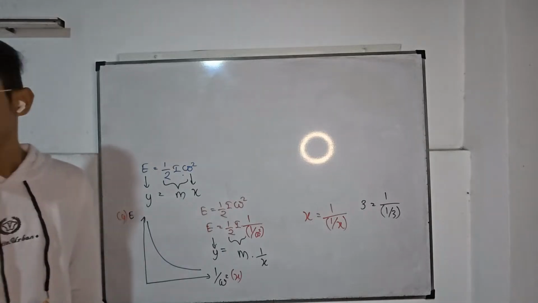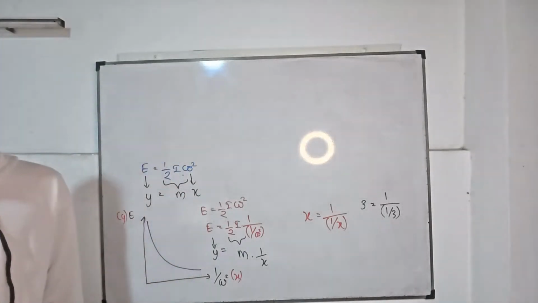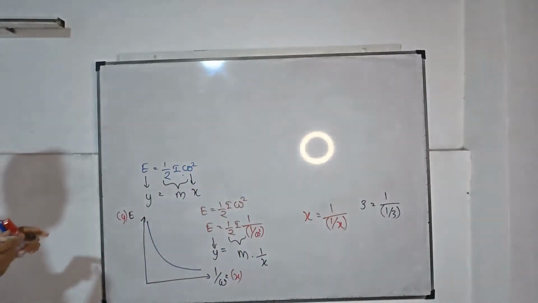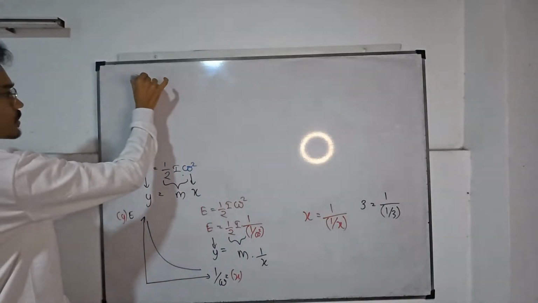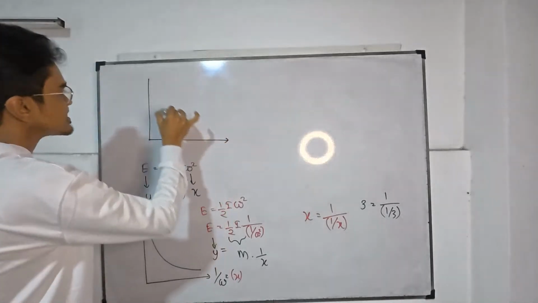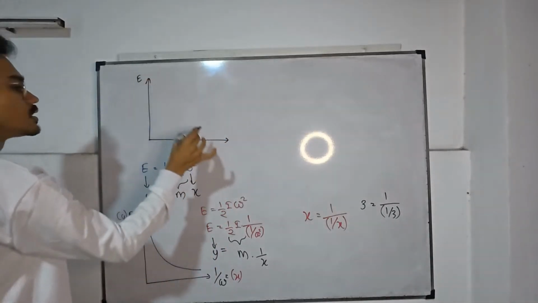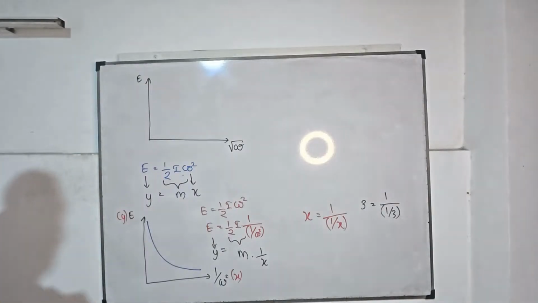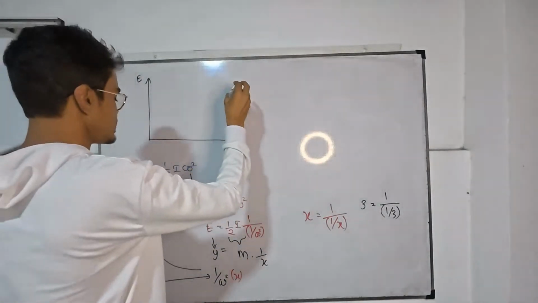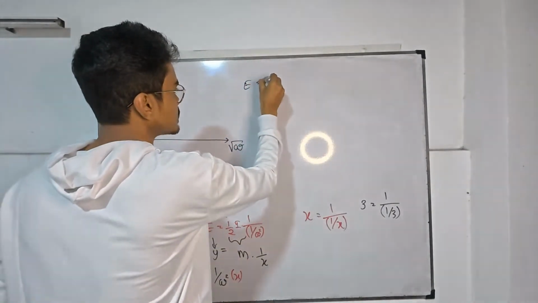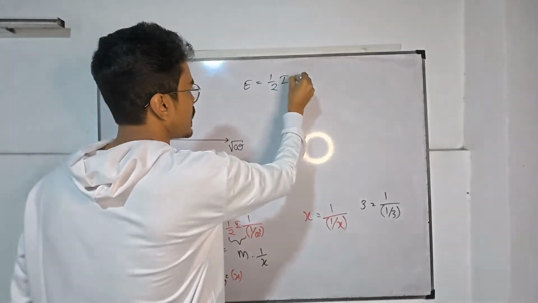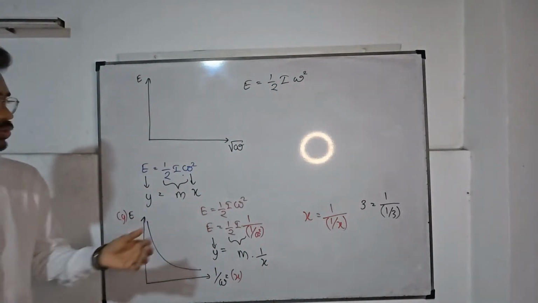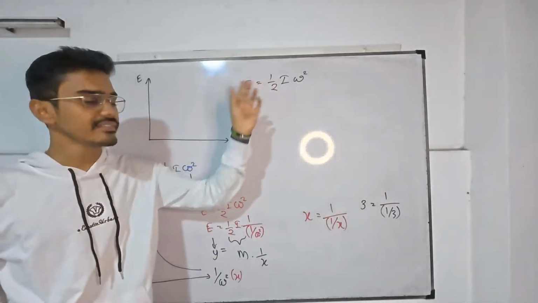Next one, E with root omega. The equation I know is again the same: E equals half I omega squared. No root omega is included in the equation now.